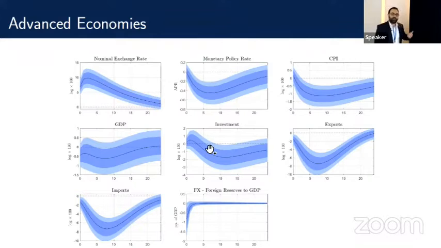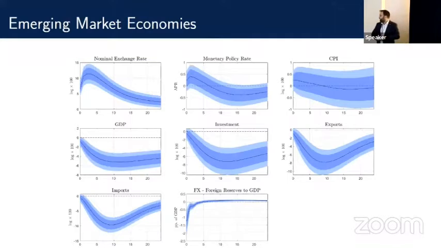Investment somewhat goes down. Advanced economies respond to this shock by lowering interest rates. To us, what is really surprising about this picture was this nominal exchange rate depreciation and at the same time collapse in exports. Just from a naive perspective, this picture tells us it's a trade shock. But we will, of course, go into more detail.